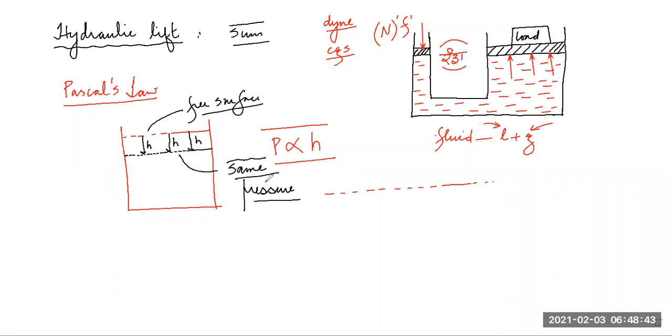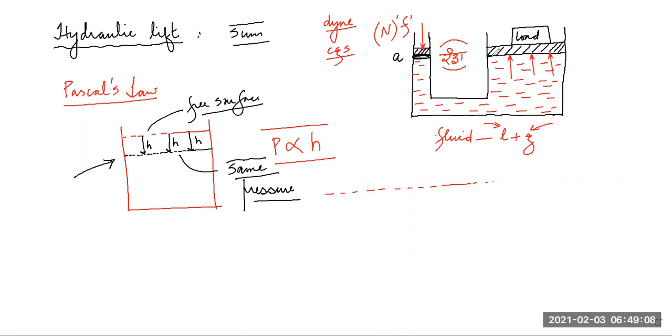So this is Pascal law. Based upon Pascal law, we can understand. Now you see, students, this is the liquid, the area of cross section on this end of the hydraulic lift is small. Let's say that is A.